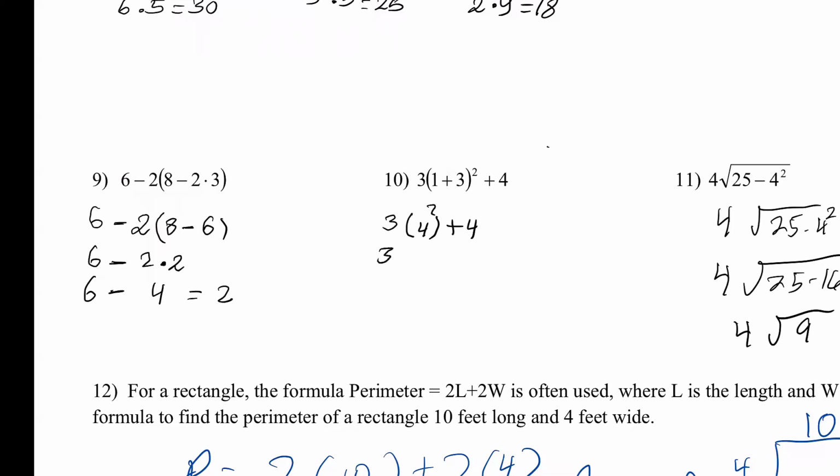Now 3 times 16, because 4 square equals 16. 3 times 16 add 4. Beginning with 3 times 16: 3 times 6 is 18, 3 times 1 is 3, so 48. Add 4, now 52.